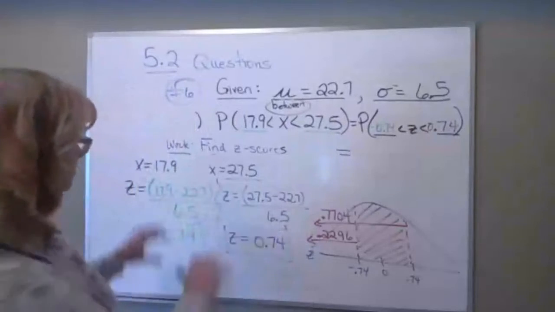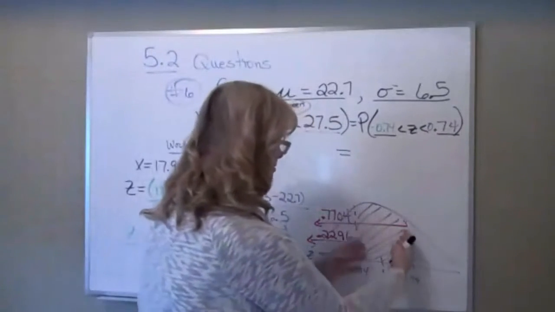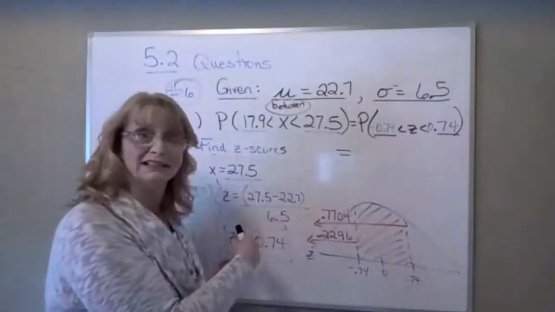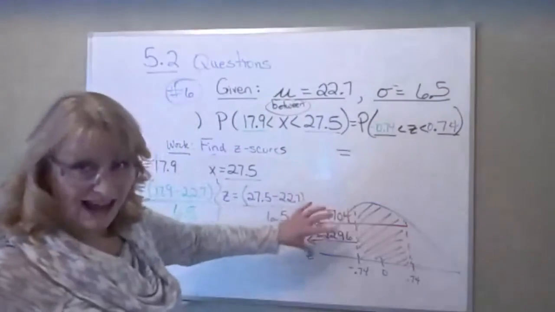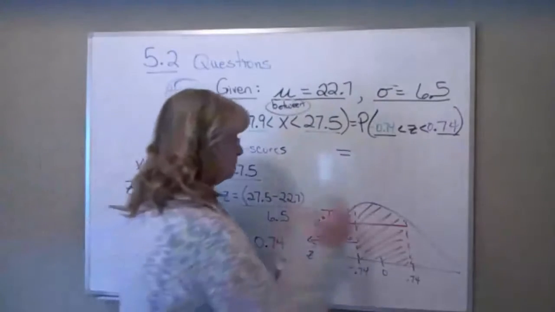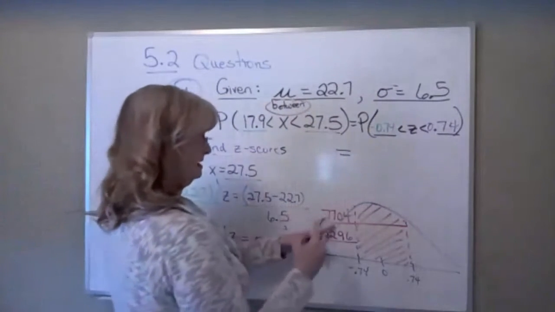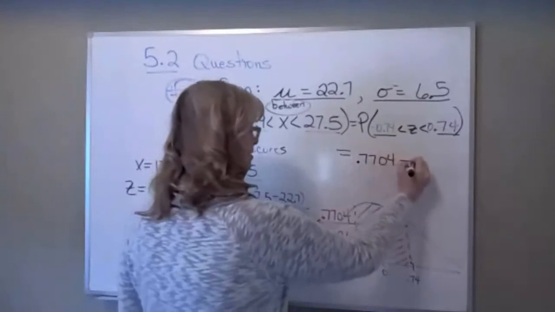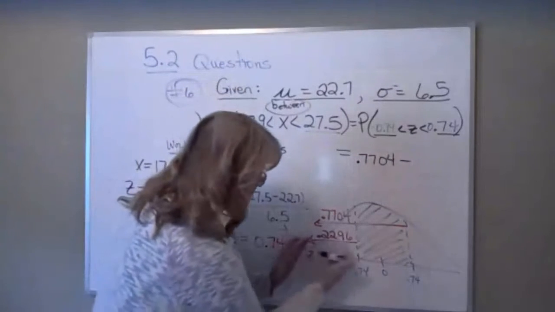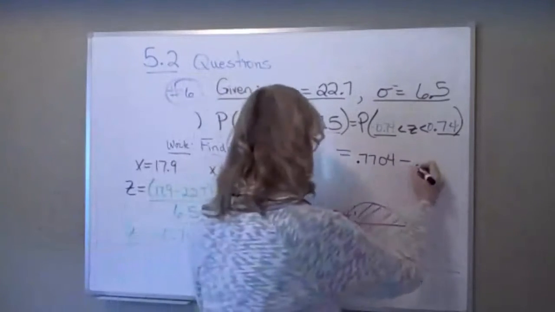So we find the z-scores, we put them on our picture, we look up the areas to the left in the table, then those areas are the things that we actually do the subtraction with. So we want this whole area, the big area, from here all the way back, that's this. And we want to subtract off this part that we don't want, which is that area to the left of the smaller one.